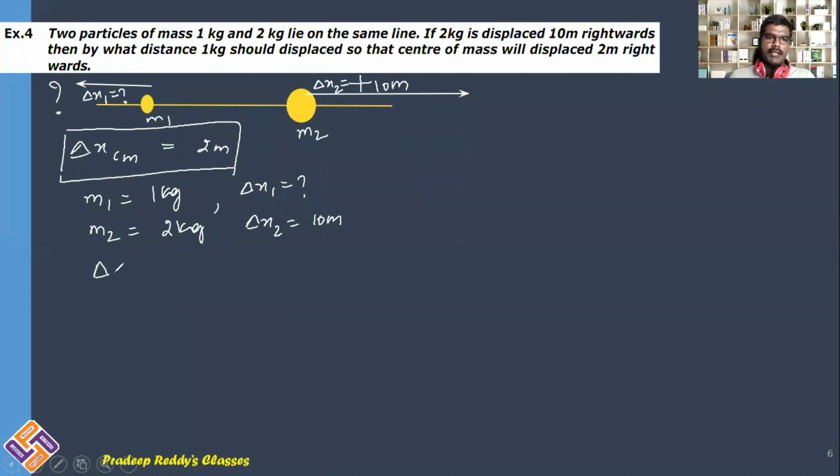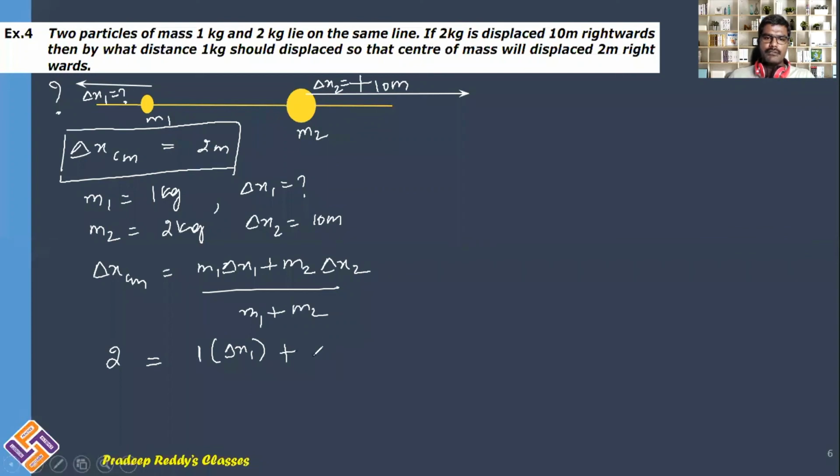Now as we know, delta xcm is equal to m1 into delta x1 plus m2 into delta x2 divided by m1 plus m2, right? Now just substitute all the data here. 2 meter is equal to m1 is 1 kg into delta x1 plus m2 is 2 kg into delta x2 is 10 meter divided by m1 plus m2, it is 1 plus 2.